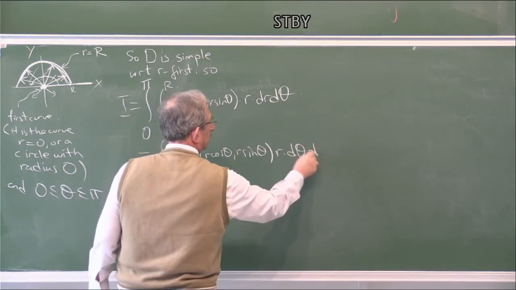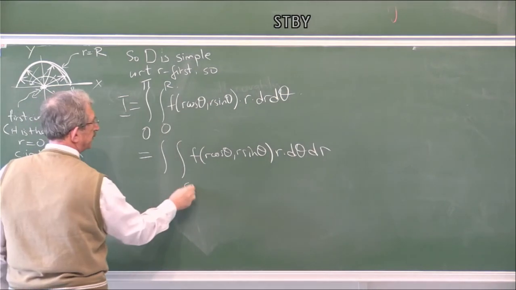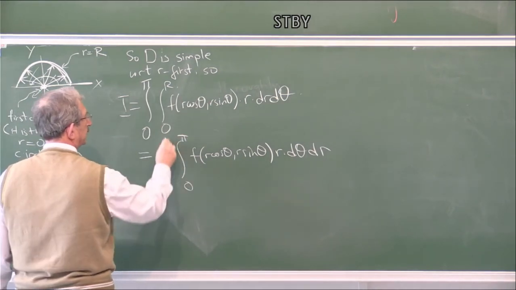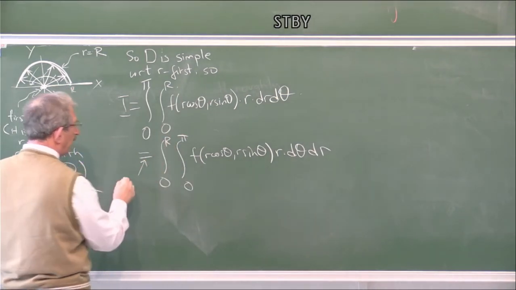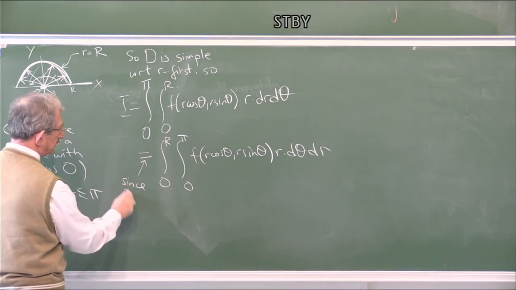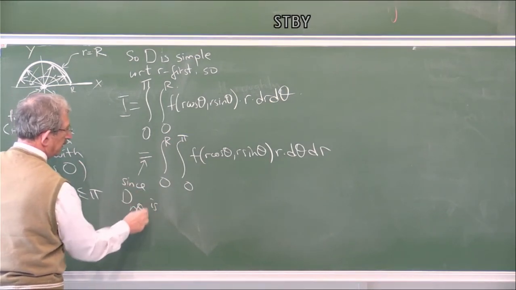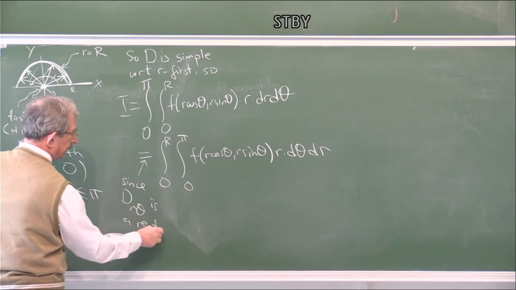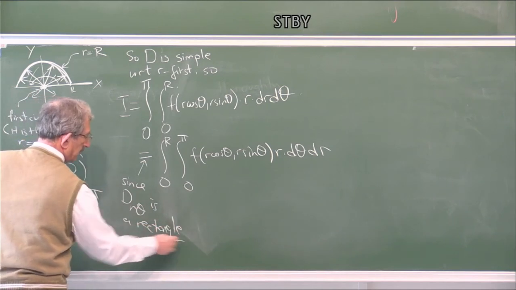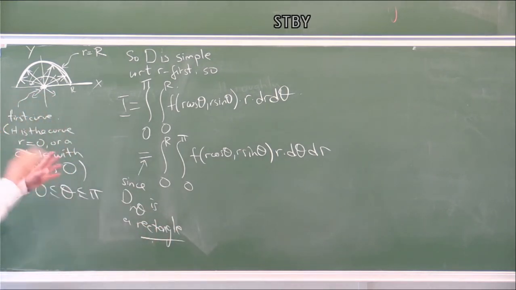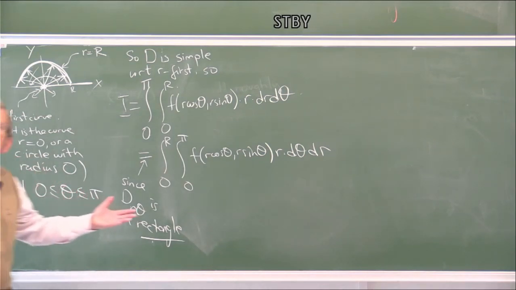dθ dr, with θ changing from 0 to π and r from 0 to r. This is because dr dθ is a rectangle. In rectangles, you can just change the places because whichever way you like, nothing changes.